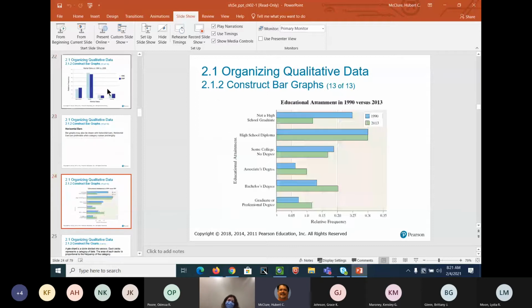Now, tomato, tomato, it's a preference. I will tell you this, a lot of people usually like the horizontal as far as being presented material, because which way do we read? Left to right, Hubert. That's right, class.